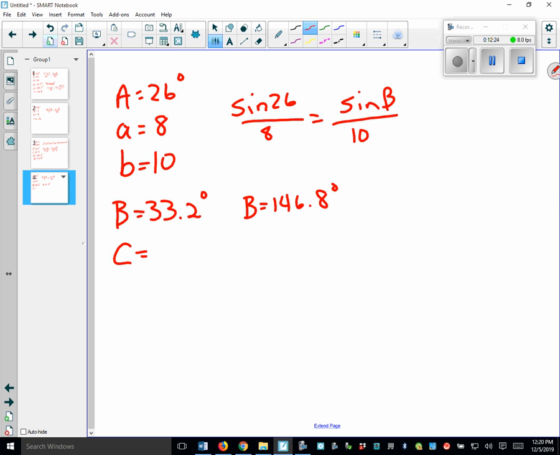For C I have 120.8. I took 180 minus this one, and it could also be 7.2 degrees. Good job. You have got to remember to hunt that second triangle.